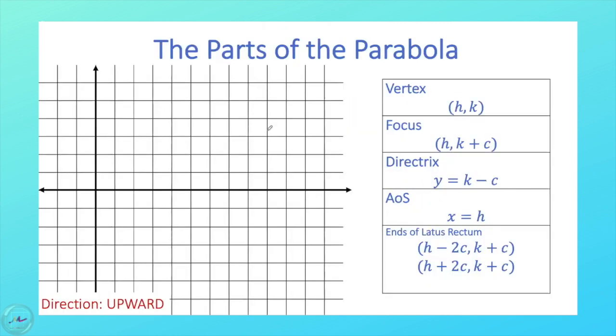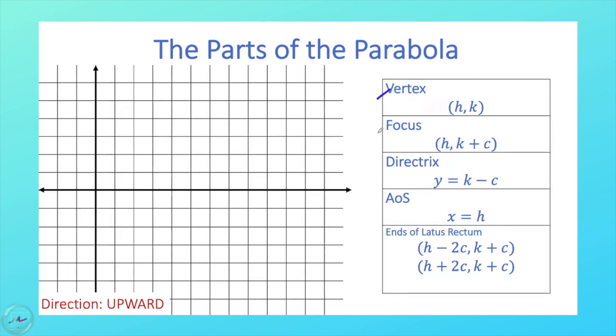So to give you more information about how to analyze the parts of the parabola without really trying to memorize all this stuff, you just need to properly know its definition and you'll know where to go from there. So let's say that we have a parabola that faces upward. We have to determine its parts.